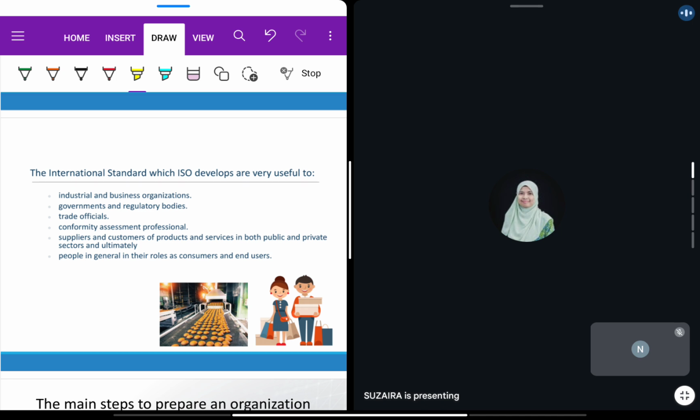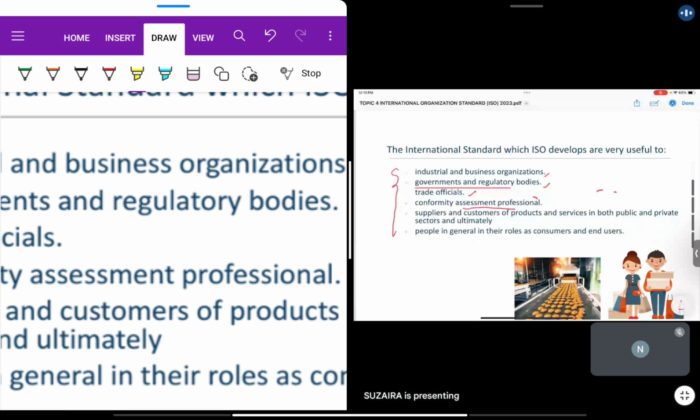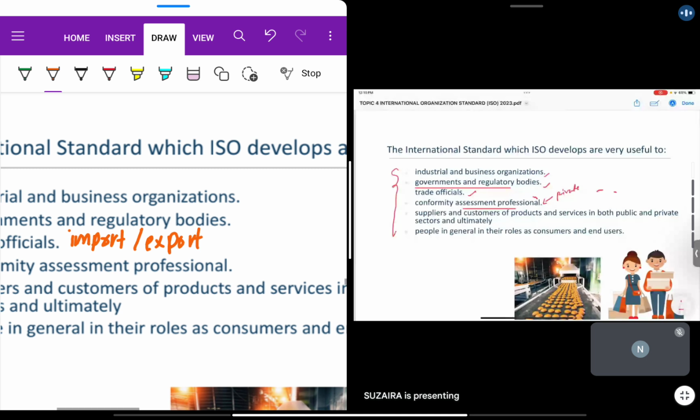Trade officials, if you want to export your product to other countries. Then conformity assessment professionals: in terms of private firms, if they want to do consultations for a company, they can use the standards as well.